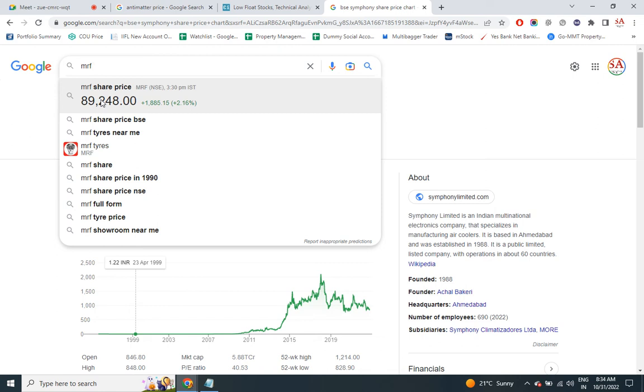Otherwise, if you want to grow your wealth fast, do not invest in large cap and blue chip. Only invest in micro, small, and maximum mid cap. That's how I do. If your study is good, your analysis is good, then these companies will give you safety plus returns both. That's very important, so note it down.